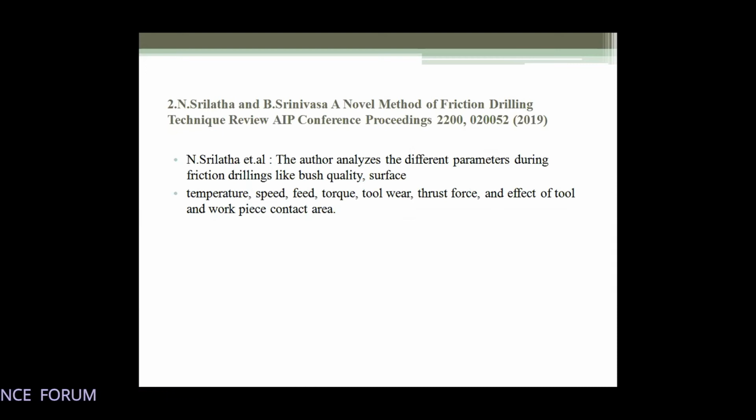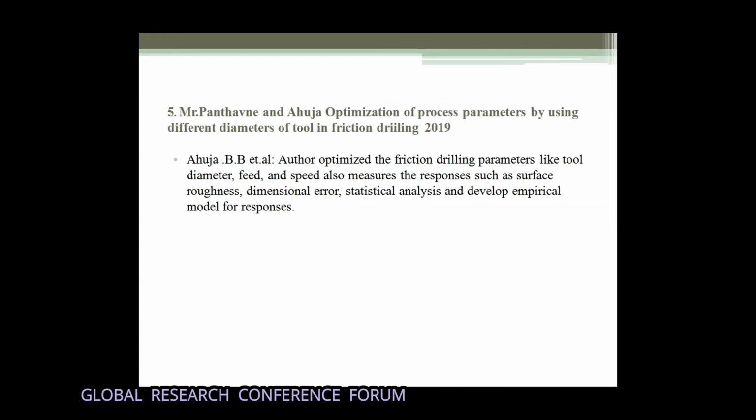The author analyzed the different parameters during the friction drilling, like bush quality and surface temperature. Means again they have analyzed with the help of the input parameters by just changing some of the input parameters, and depending upon that they have checked the responses. Wherever they found some variations, they have recorded them and done further study on that.